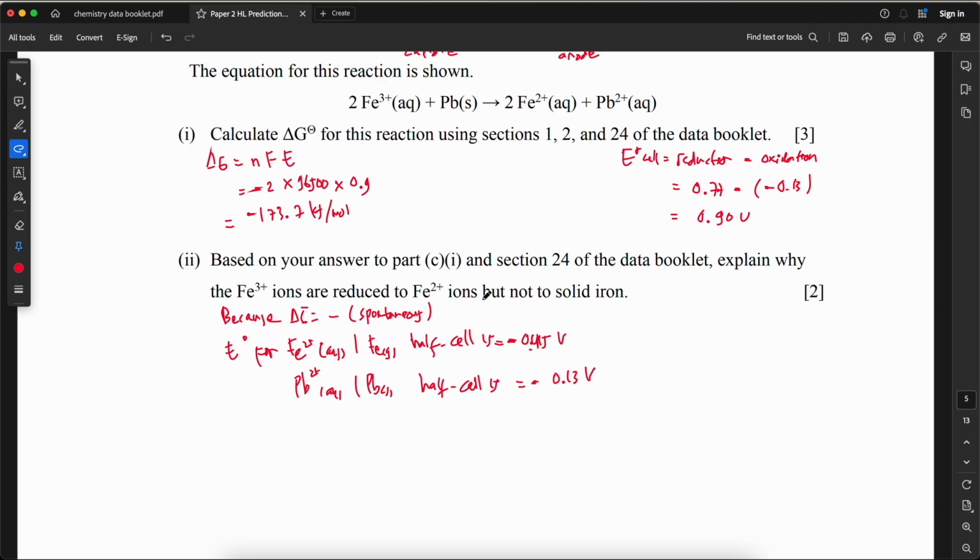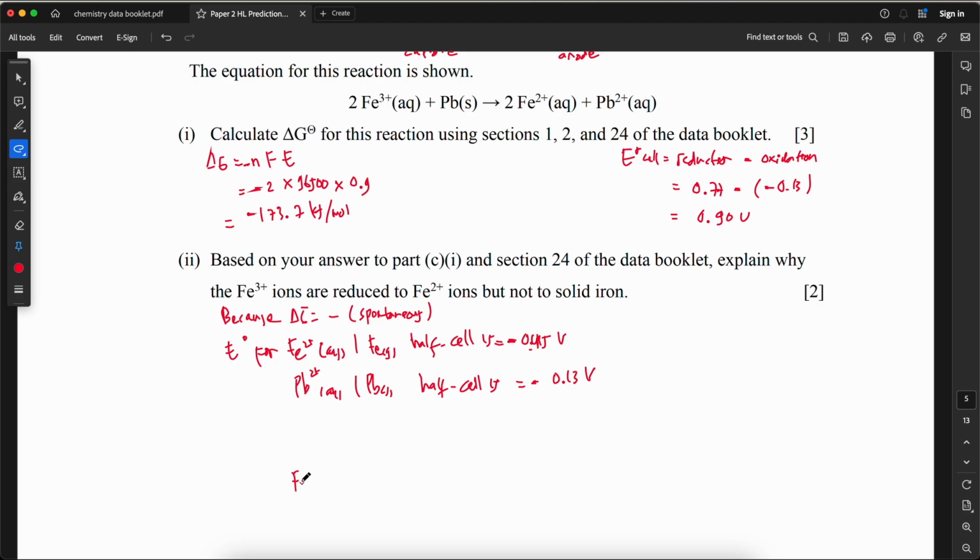So to make delta G negative, E cell must be positive. So if we do Fe3 plus to Fe2 plus, I'm just explaining.